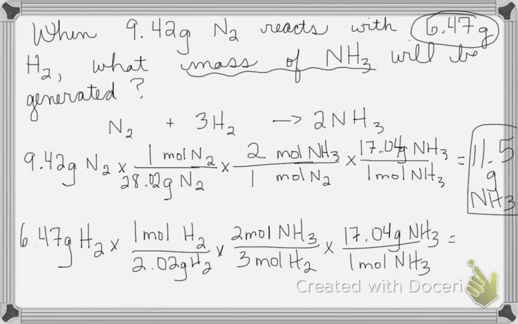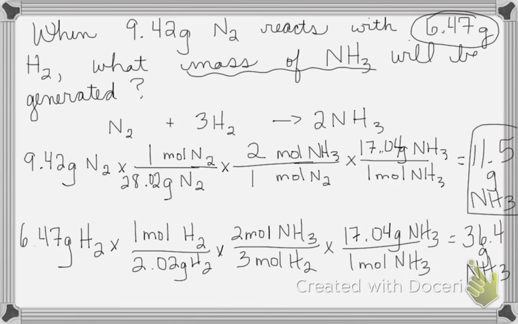Instead of saying 2.02 grams of hydrogen? Yeah. I said 6.06 times 2 over 1. Because you did 3 here? Yeah. Okay. 3 over 6.06 is the same ratio as 1 over 2.02.